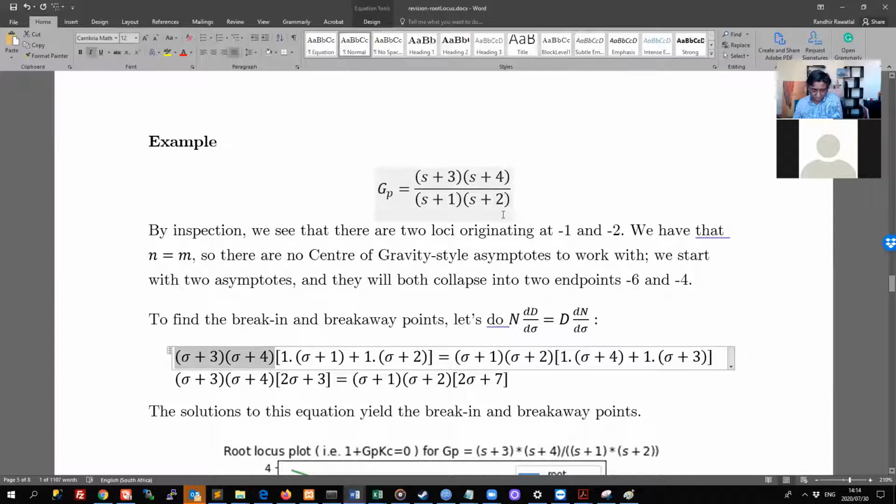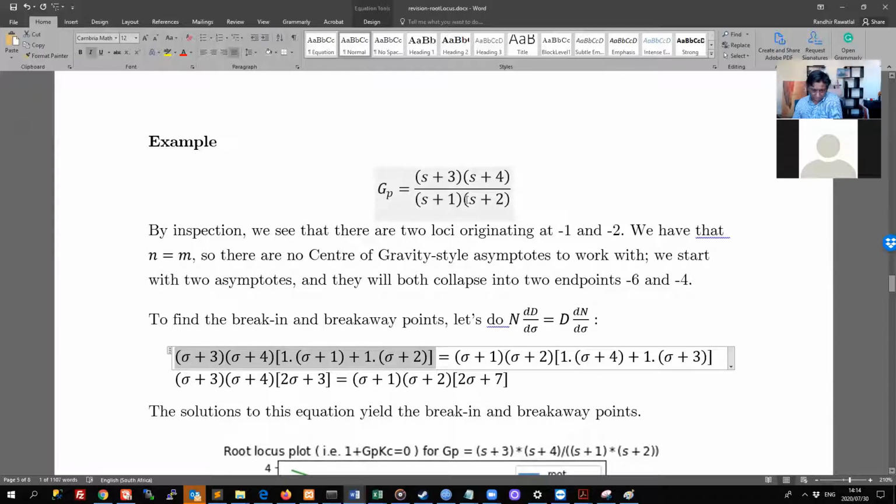For the denominator, it's a product of two functions. So if you differentiate this, d sigma here is 1 multiplied by sigma plus 2, so 1 times sigma plus 2. And then if you differentiate here, it's 1 times sigma plus 1. So that's how you work that out on that side.